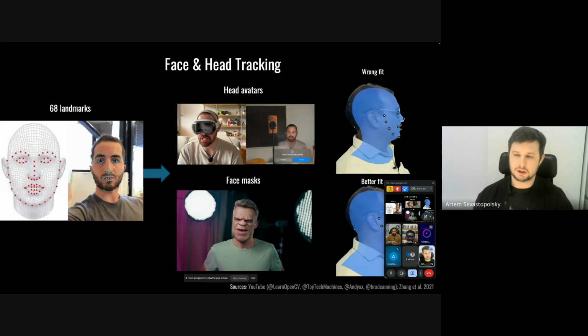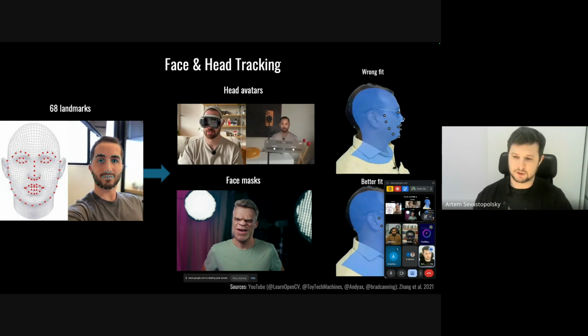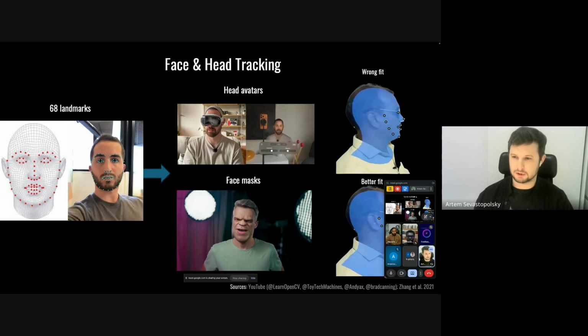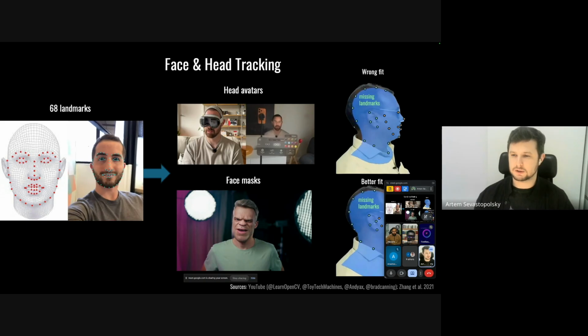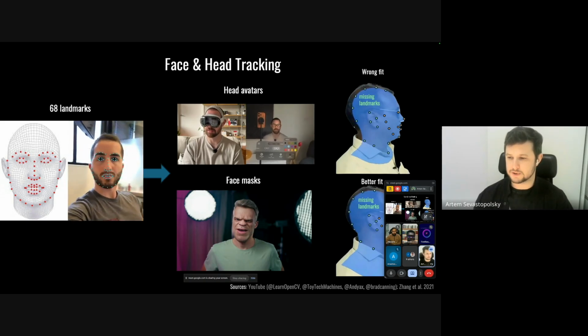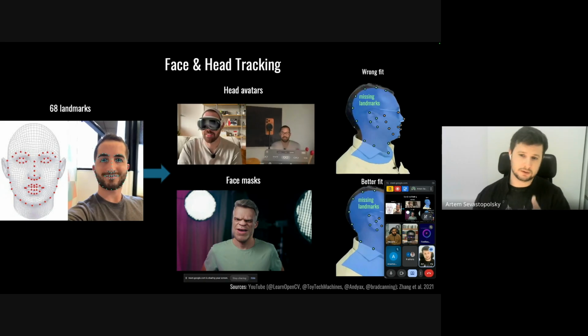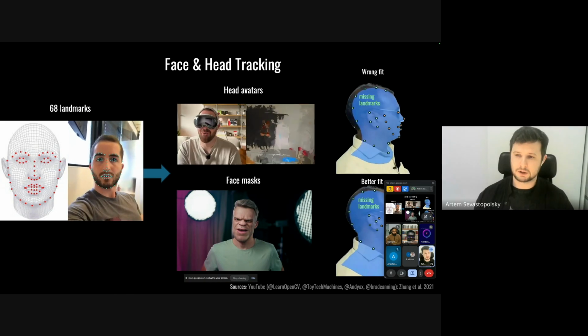You can see it is a bit wrong at the top, and at the bottom the fit is a bit better, because at the top we are missing information about the rest of the head, such as landmarks that are missing in the set of landmarks that are widely used. If we had these landmarks at our disposal, we could probably fit the head a bit better.